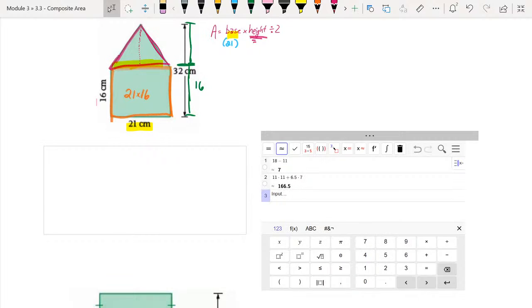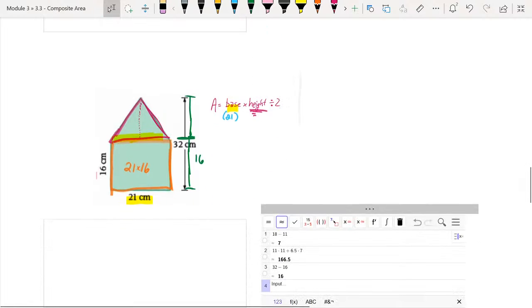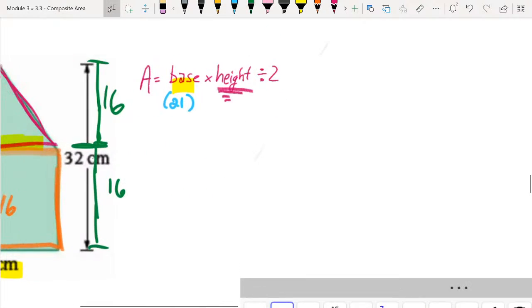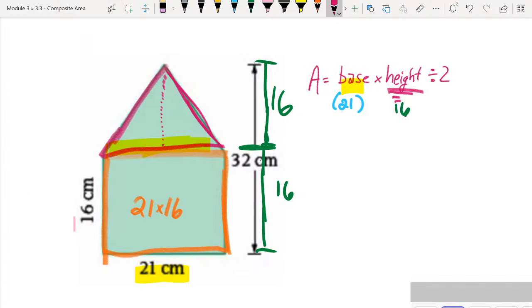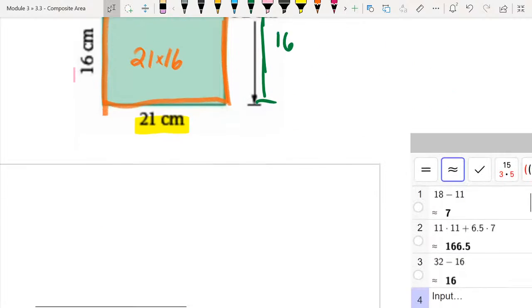If not, just come down here and we can say the whole height is 32, but we have used up 16 of that. And so this must be 16 as well. So not very exciting. This one is also 21 by 16, but don't forget that because it's a triangle, we have to divide it by 2.